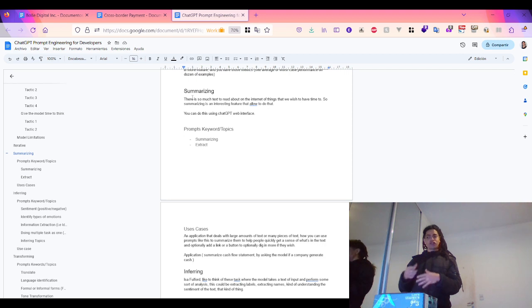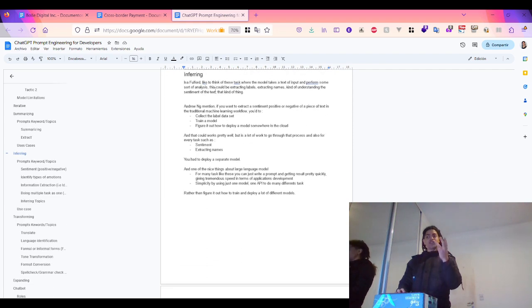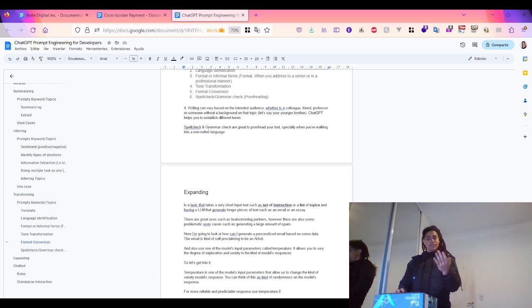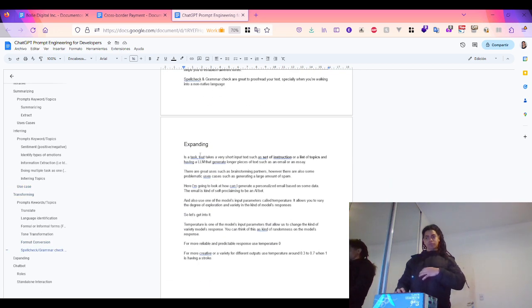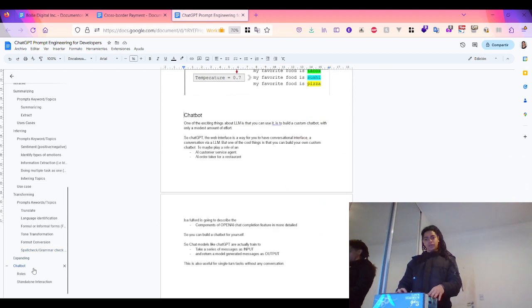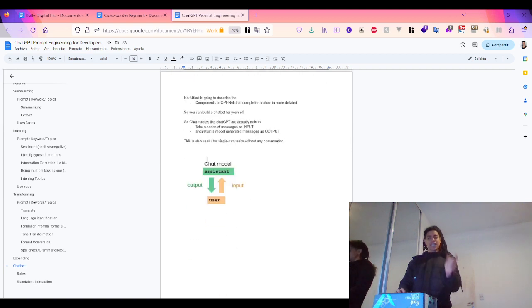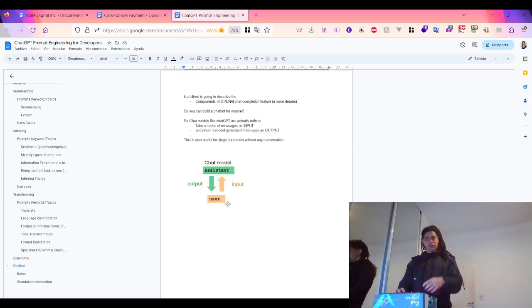And then there are also the features that we can use with ChatGPT, for example summarizing, inferring, transforming input, as well as expanding, for generating text, and the chatbot feature from ChatGPT and its inner architecture, right?